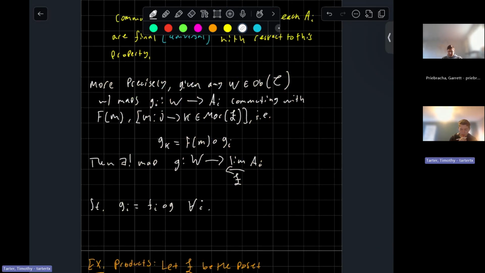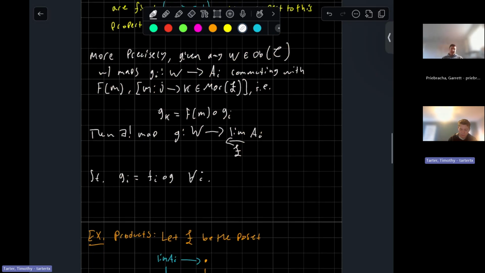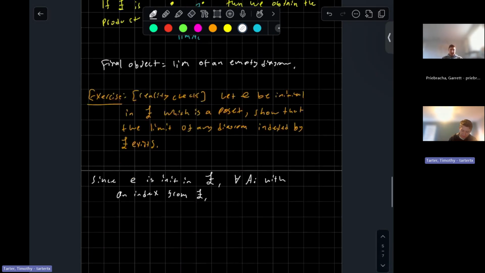The A_i are indexed. We have an initial thing. All of the maps g_i exist.